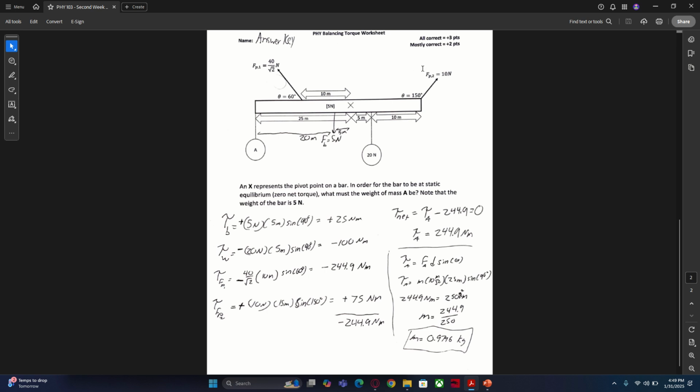And for our last applied force, FP2, its magnitude is 10 newtons. As far as the distance vector, well, we're told that our applied force 2 is at this point. We're told this distance is 10 meters and this distance is 5 meters. So the total distance away from our point of rotation is 15.